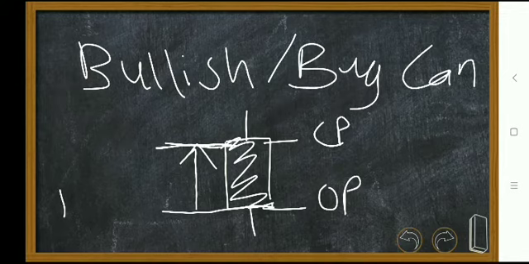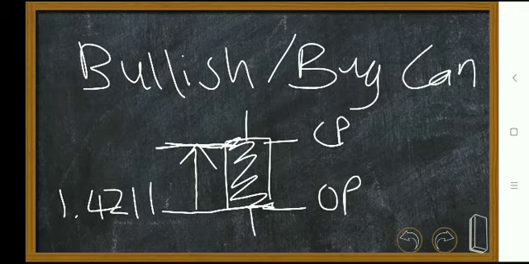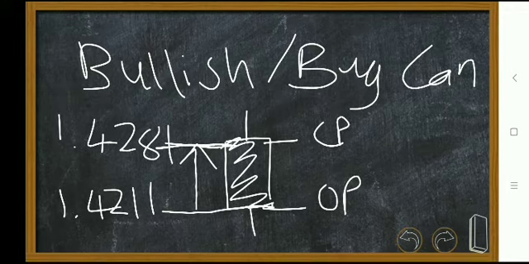Let's say price was at 1.4211. If there were more buyers, you might find that price is at 1.4281, let's say. So you can see that the closing price is higher than the opening price, and you can add some calculations there.